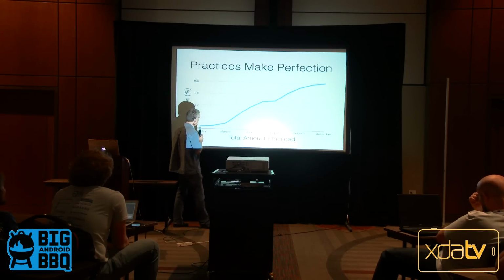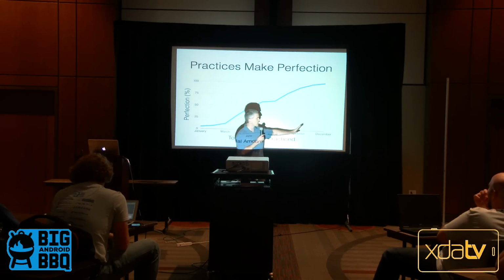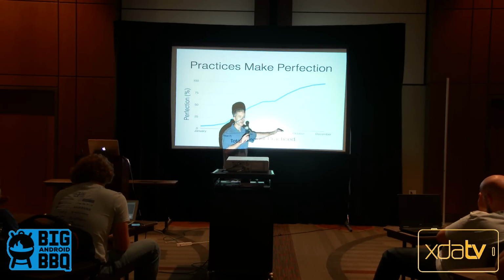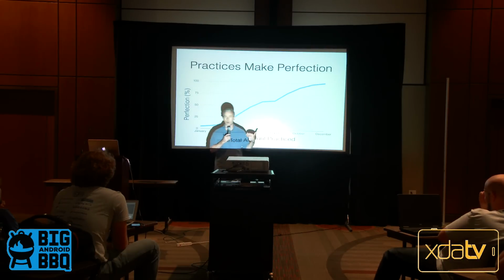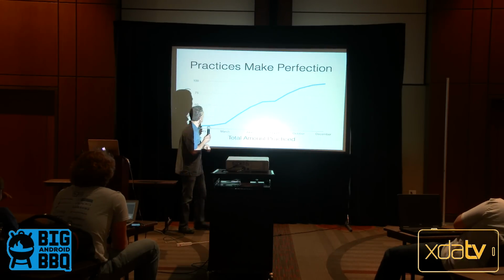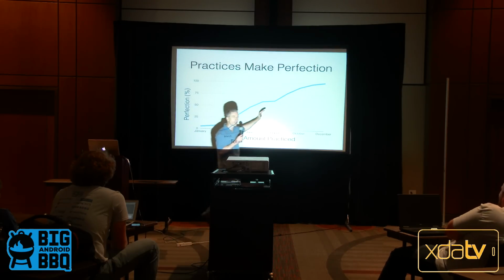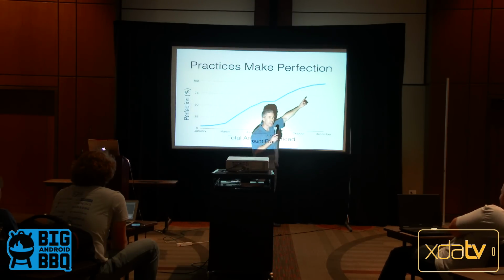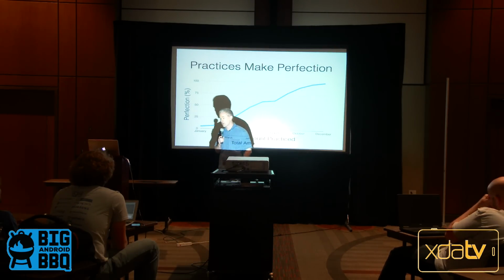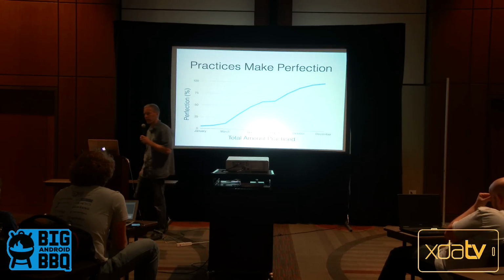So this takes us all the way from January through December. There's some implicit months in the middle, and you'll just have to take my word for it that they're actually in there. And you can see that the amount of perfection you're achieving is steadily going up during the year, which is fantastic, even hitting 100% just due to the total amount of practicing that was happening during the year.